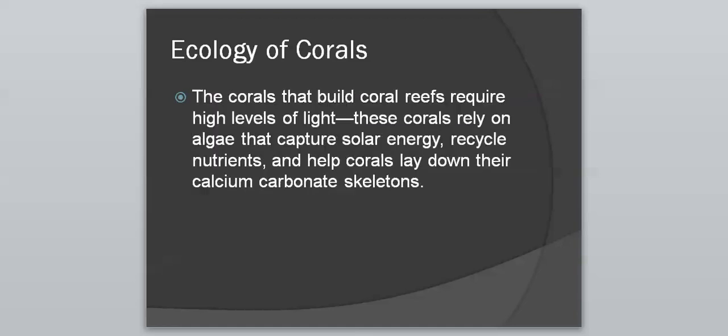The corals that build coral reefs require high levels of light, so they rely on algae that capture solar energy, recycle nutrients, and help corals lay down their calcium carbonate skeletons. Corals would not be able to survive without algae living with them, helping them carry out photosynthesis and setting down the foundation for them to grow.